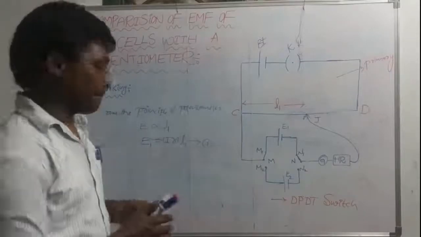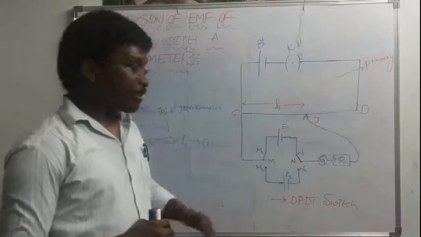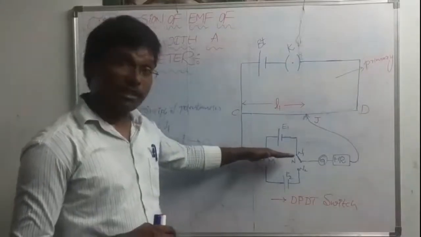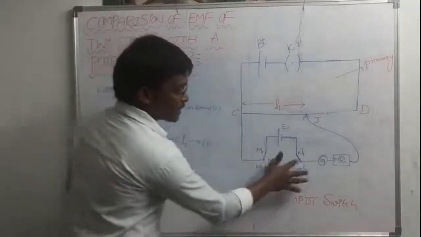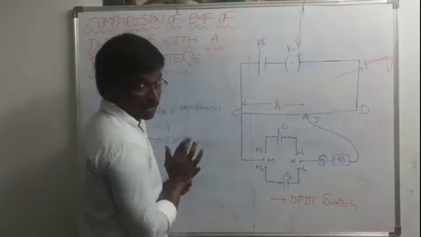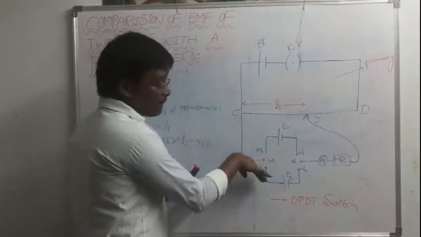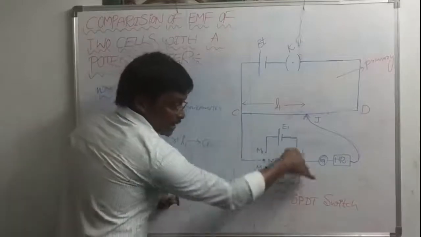Now the second point in the working: I will disconnect this DPDT switch from the first cell. Then I will press this DPDT switch towards the second cell, downside.